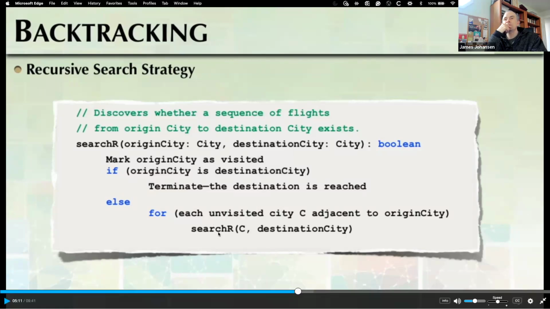So we see the recursive call down here. Here is our terminate that we found the destination. We saw an example on the last slide where we were able to do that. So we always have at least one base case, and then we have calling into the same routine for us to be doing recursion.